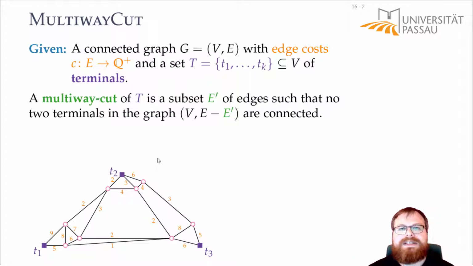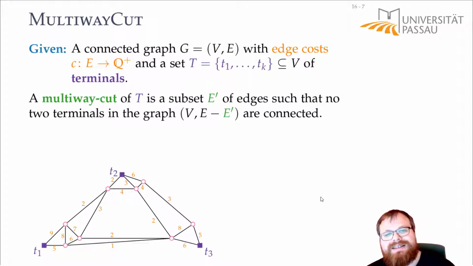So basically it's the opposite to what we had before. Before in Steiner tree, we wanted to find a subgraph that's as small as possible, where all the terminals are connected. And now we want to find a subgraph where all the terminals are not connected. So we want to find a subset of edges that we have to remove such that everything is disconnected.